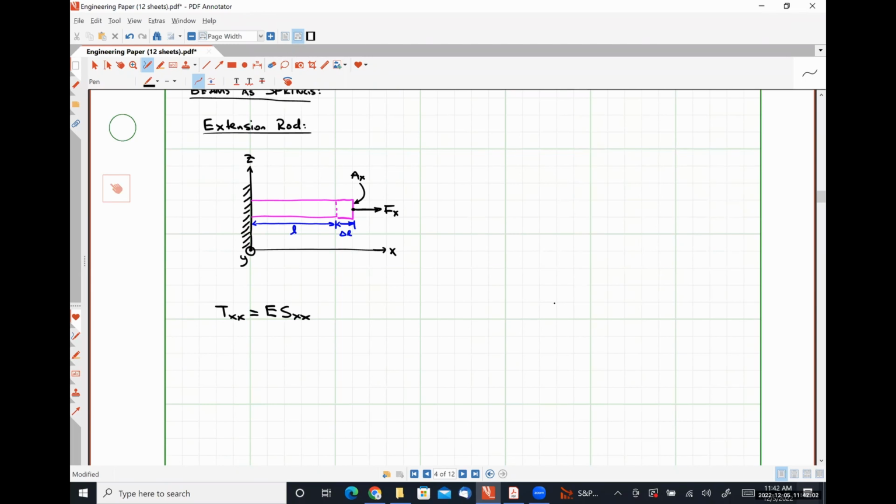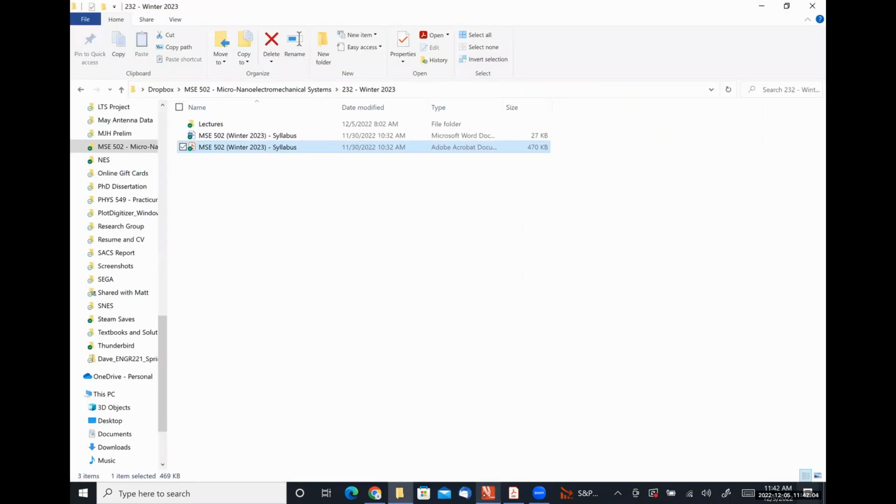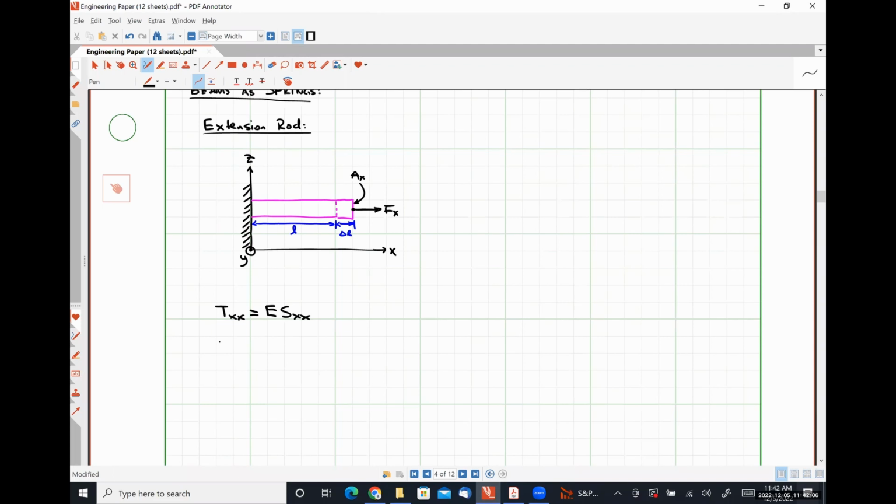Our normal stress is defined as the ratio of the applied force over the cross-sectional area. We have Young's modulus, and our strain is the relative change in length, like so.